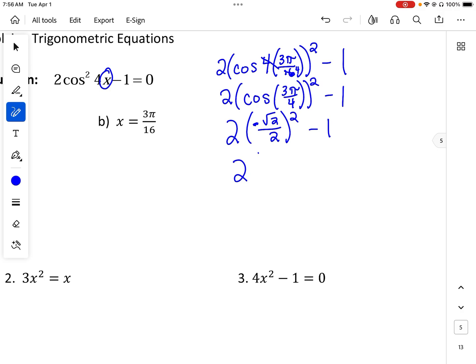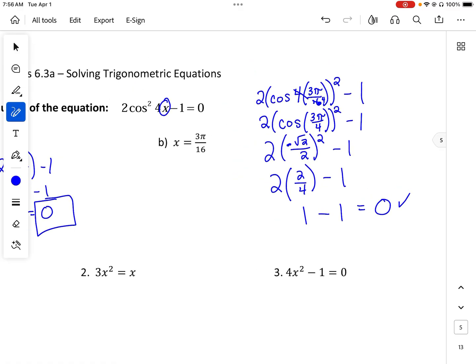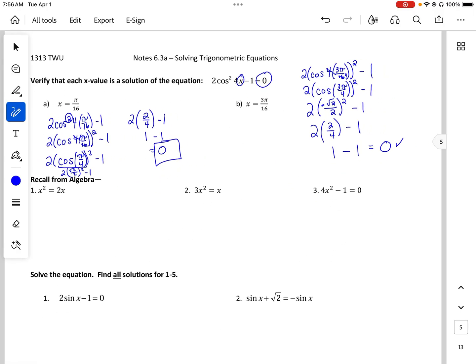We're squaring a negative, so it'll become positive. So this is 2 over 4. Whenever you square it, that becomes 1 minus 1, which also equals 0. So you see how we're trying to get it to say equals 0 by plugging in different values for x.